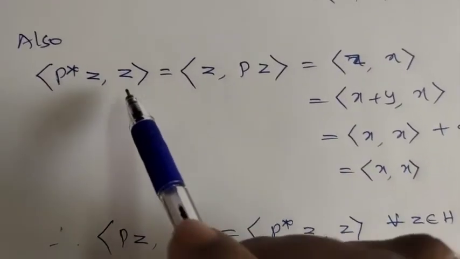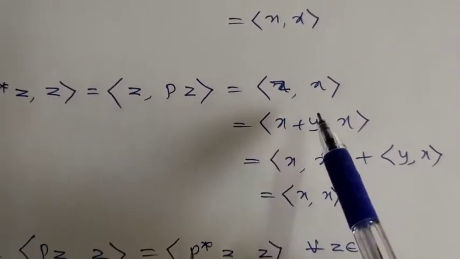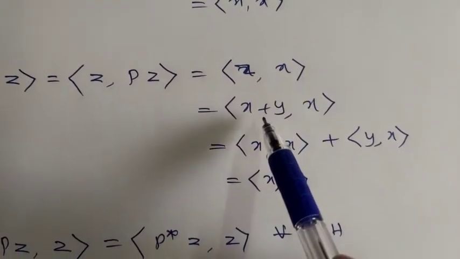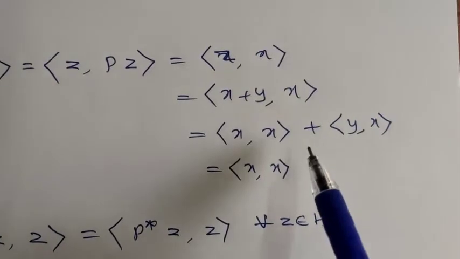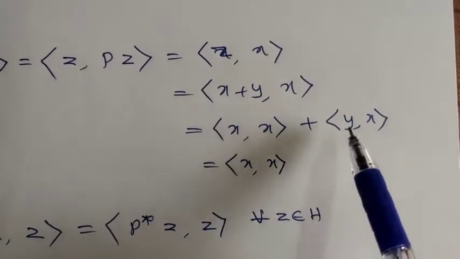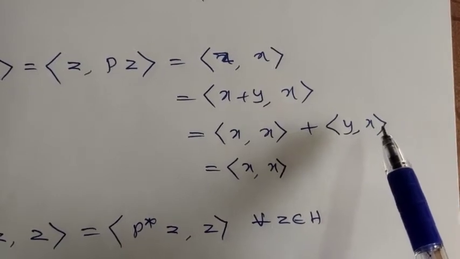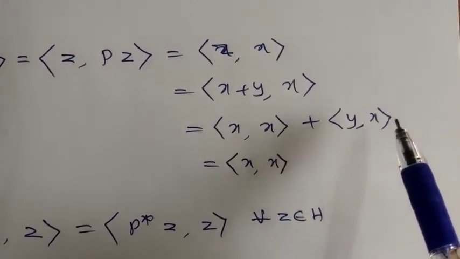Also, the inner product of P star of z comma z is z comma P of z, which is z comma x. In place of z I can write x plus y comma x. This is equal to x comma x plus y comma x. Again x is orthogonal to y means y is also orthogonal to x, therefore the inner product of y comma x is 0.